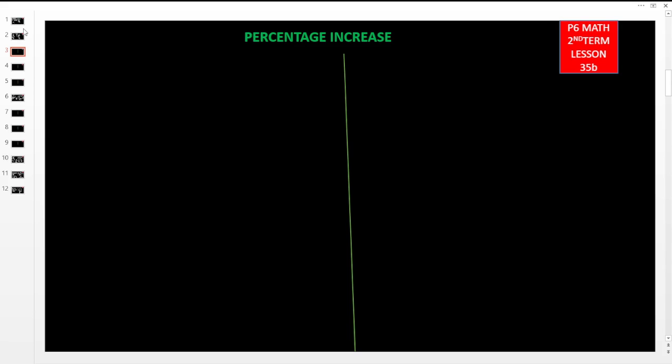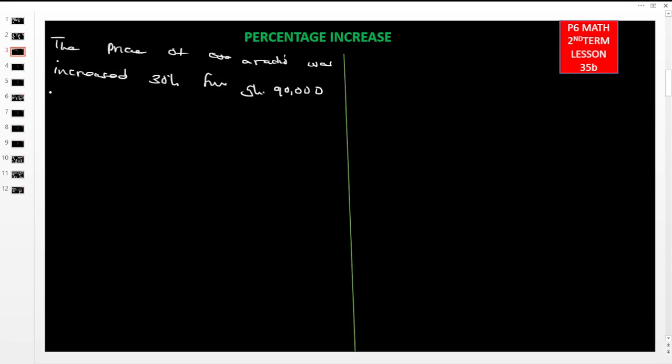This one is saying the price of a radio was increased by 30% from 90,000 shillings. What is the new price of the radio?